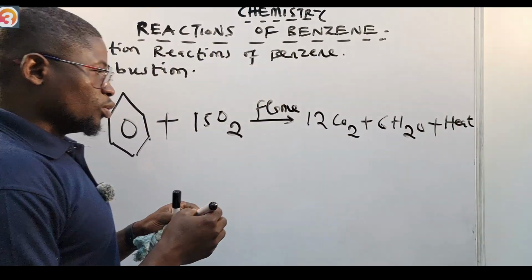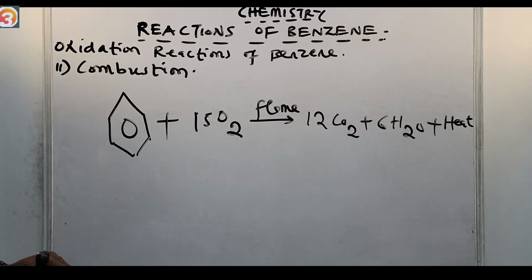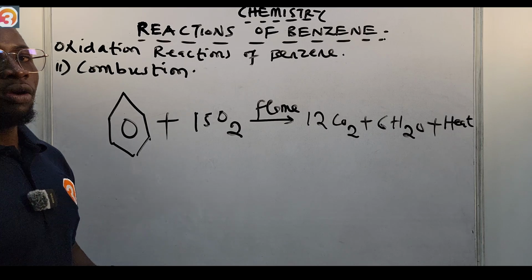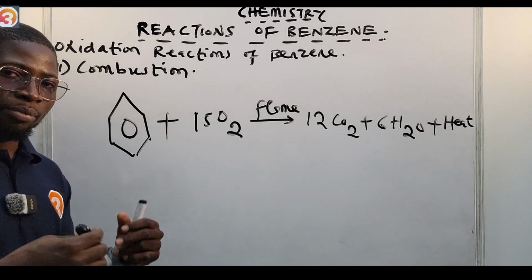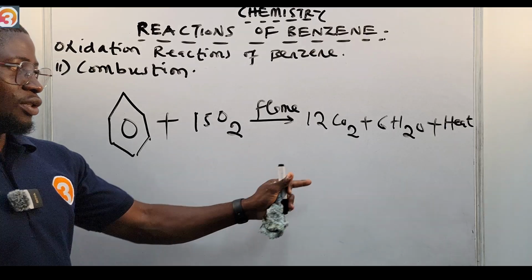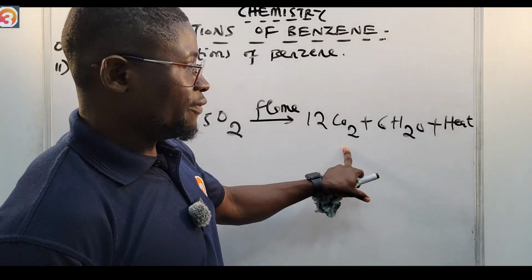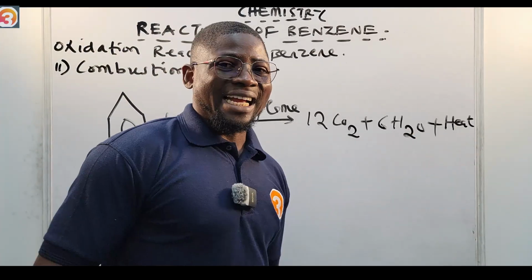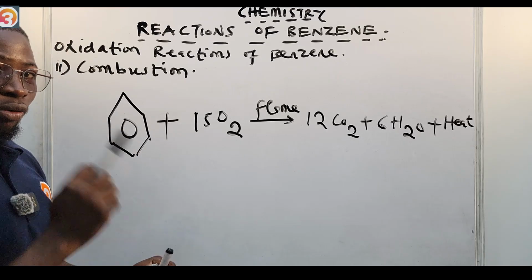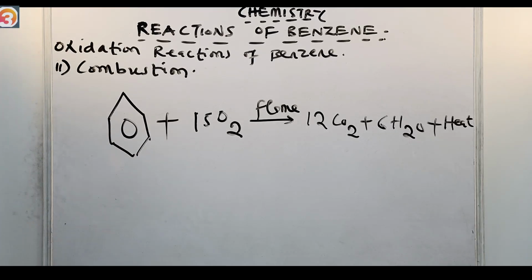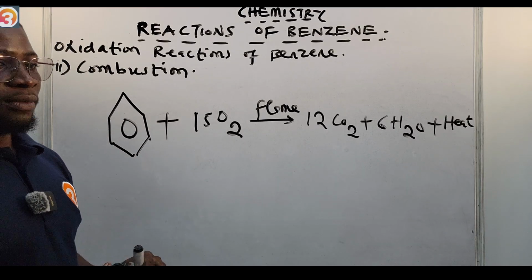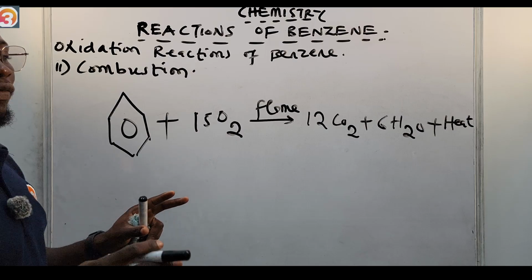Heat is also released. This is the complete combustion of benzene with oxygen. When benzene burns in air, it gives carbon dioxide, water, and heat. Heat is also a product of that reaction. You must take note of that.